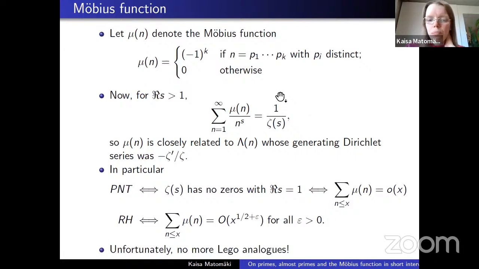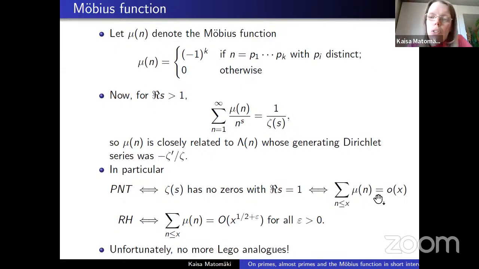And in particular, there are similar relations to the zeros of the zeta function for the Möbius function as there are for the primes. So the prime number theorem was equivalent to the fact that zeta has no zeros with real part of s equal to 1, but it's also equivalent to the fact that the average value of the Möbius function is 0.